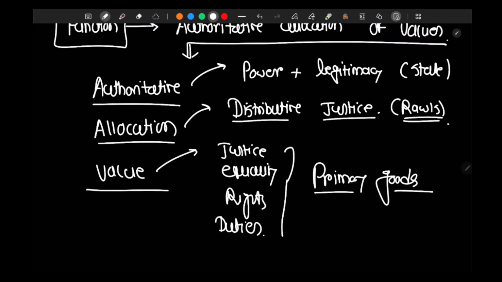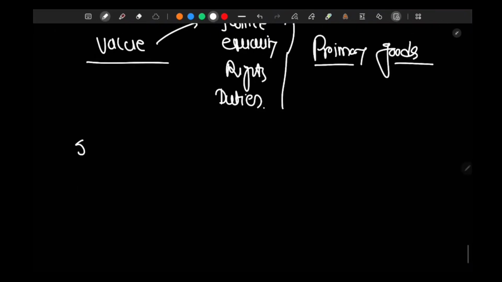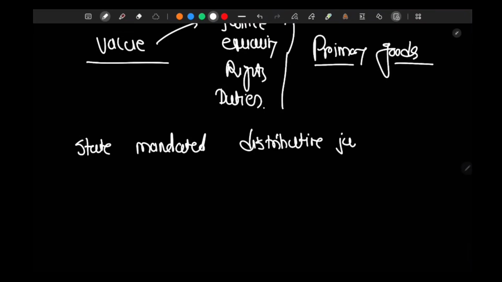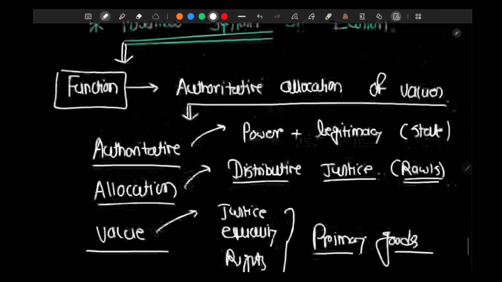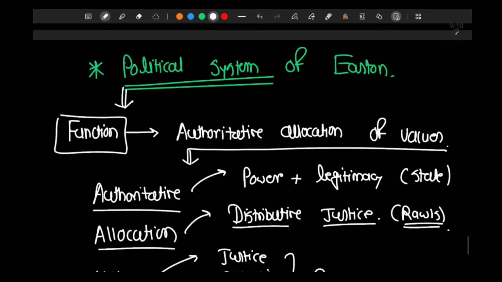So authoritative allocation of values is state-mandated distributive justice with respect to primary goods. In very simple words, state-mandated distributive justice of primary goods. This is authoritative allocation of values. This is the primary function of Easton's political system.